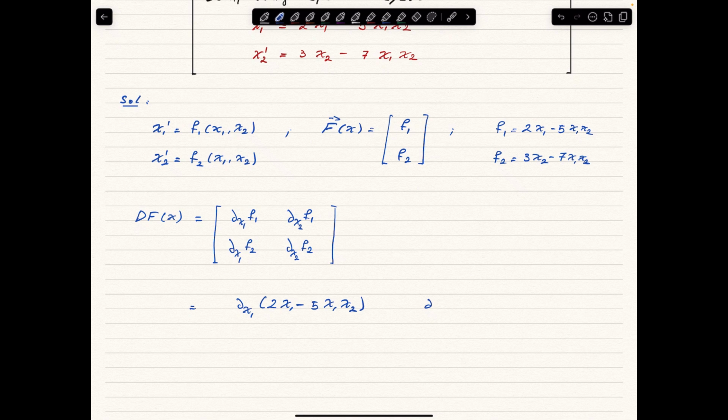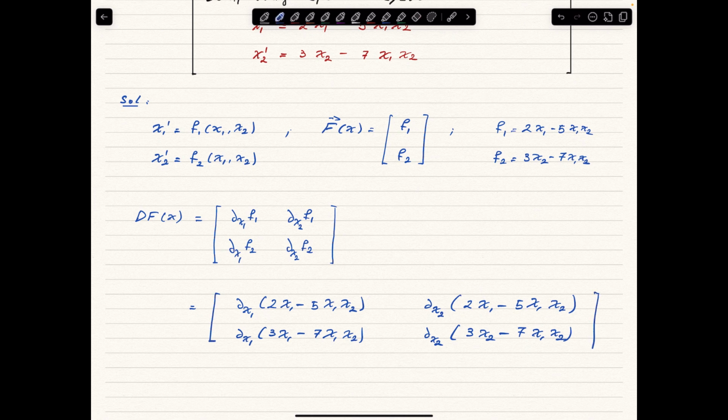Then we have the derivative with respect to x2 of the same thing, 2x1 minus 5x1 x2, and then we have the derivative with respect to x1 of the second component of the equation, 3x2 minus 7x1 x2, and then the derivative with respect to the second variable of 3x2 minus 7x1 x2. So now we need to remember that computing the partial derivative means derivative with respect to that variable, keeping the other variable constant.